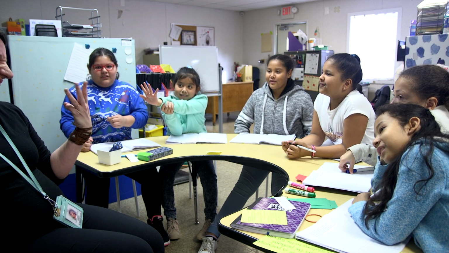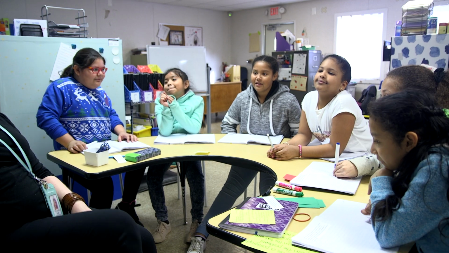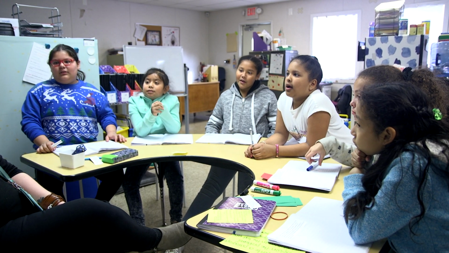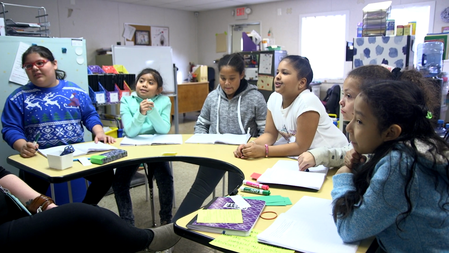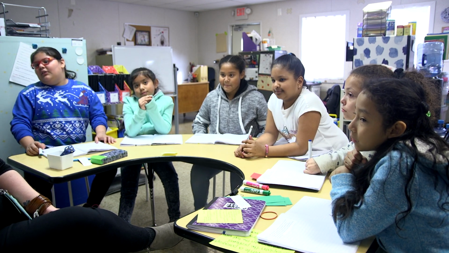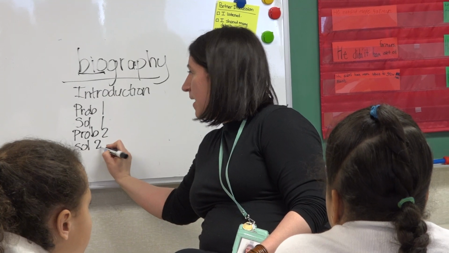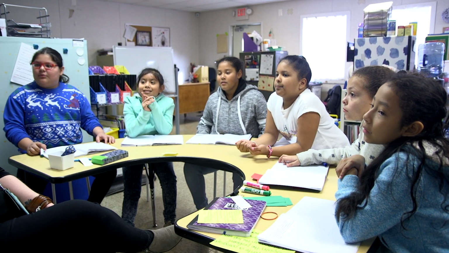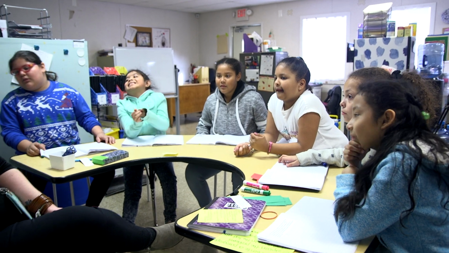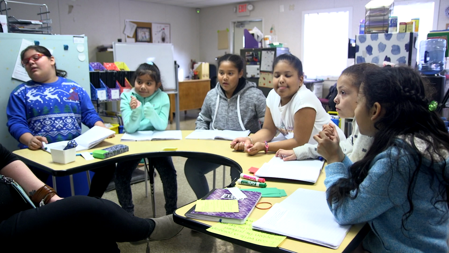Probably, usually like 3. Can we say 3 for this paragraph? Yeah. Okay. So problem 1 and then solution and then what? Problem 2. Solution 2. Okay. Solution 2. And then what? Problem 3. Oh yeah. We said 3, right? Or Problem 3 and solution 3.